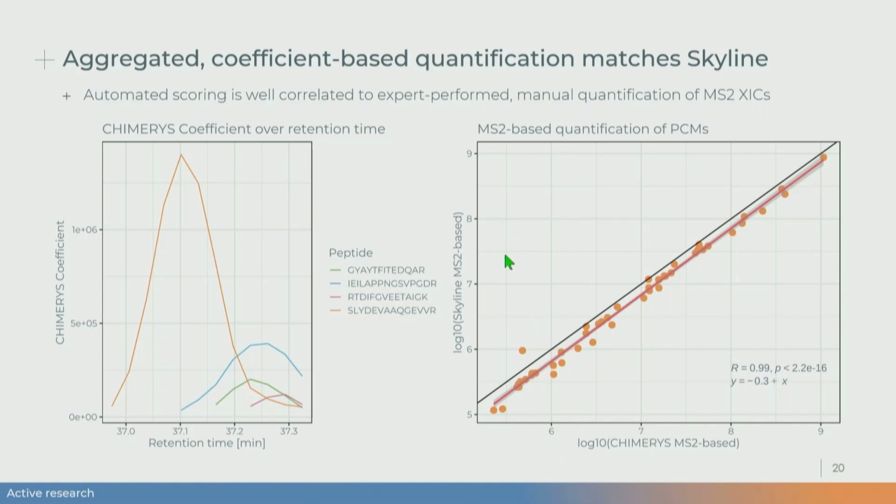Chimeras is on the x-axis, Skyline on the y-axis, and that is really bang on the diagonal, a bit below, arguably, but really parallel to the diagonal with a very high correlation coefficient. This means that you could, in theory, just in the future, plug your PRM data into Chimeras and not worry about which of the fragment ions you actually use for quantification, because Chimeras can assign them proportionally to the peptides that you want to quantify.